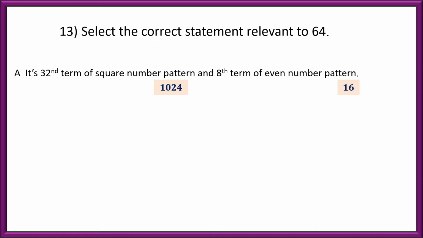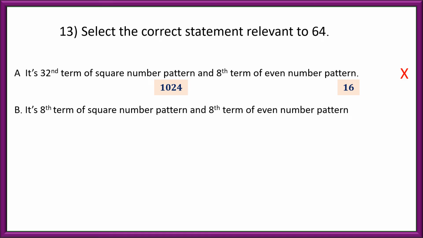Let's move to statement B. Answer for the first part, that is 64. Answer for the second part, that is 60. First part okay, but second part wrong. Therefore, this one is not the correct answer.